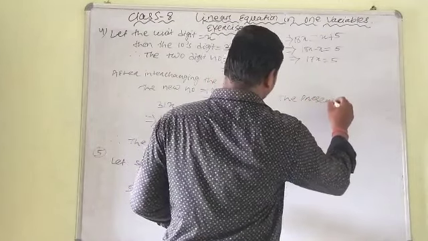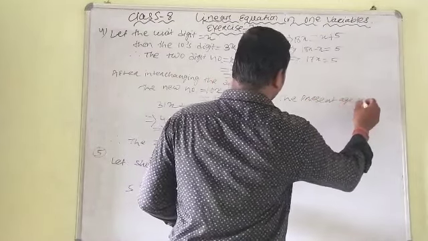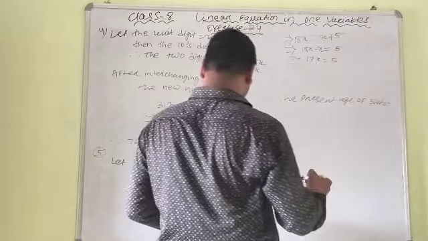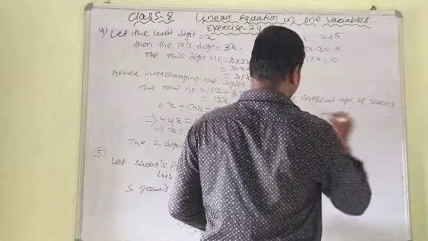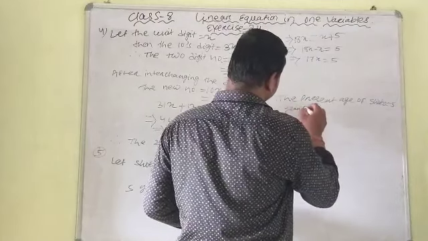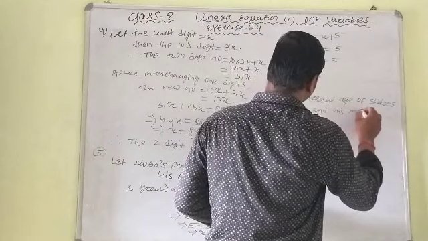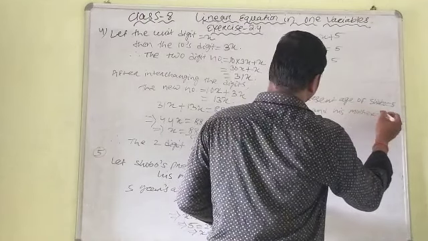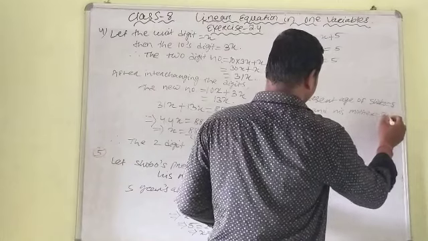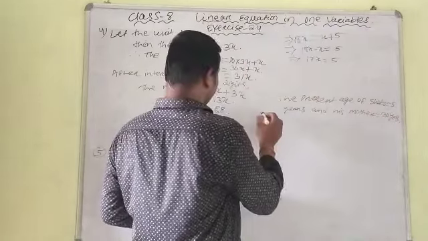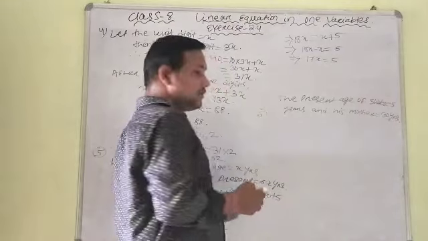The present age of Shobha equal to 5 years and his mother is equal to 6 into 5, that is 30 years. Okay, this is the end of question number 5.